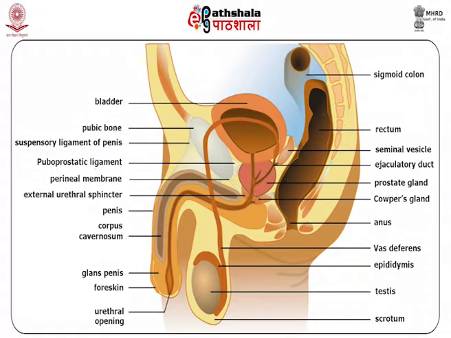Luteinizing hormone, or LH, that is present in the testes results in the testosterone release. The presence of both the testosterone and the follicle stimulating hormone, or FSH, is needed to support the spermatogenesis process.